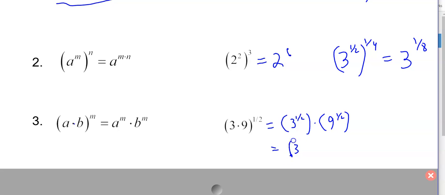As a radical, that's second root first power, so that's square root of 3, times square root of 9. So that ends up being 3, because the square root of 9 is 3, times square root of 3, because those are being multiplied.